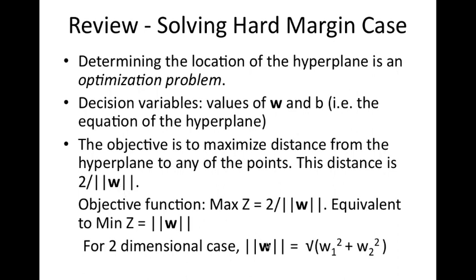In 2 dimensions, the length of vector w is just the square root of the sum of the squares of each component. That's basically the Euclidean distance of that vector. So the objective function here is to maximize 2 divided by the length of w, which is equivalent to just minimizing the length of w.